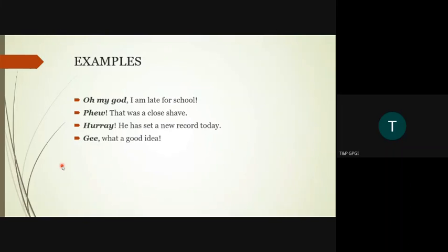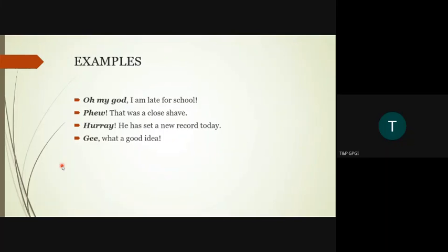I'll give you examples. Oh my God, I'm late for school. That is one way of including an interjection in a sentence. The second one is: phew, that was a close shave. Like I was about to get into an accident, but I saved myself. Phew, that was a close one.